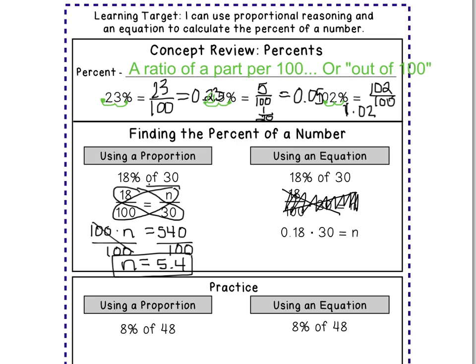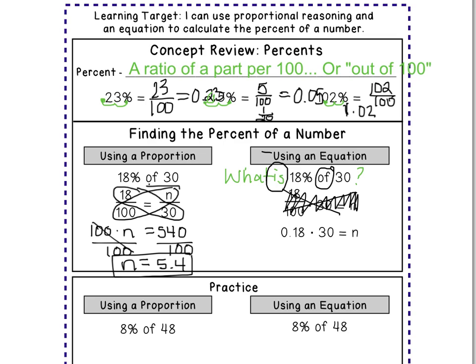Okay, we're going to read this sentence and add the question, what is? So what is 18% of 30? There are a couple of key words here, just like in our proportion, is and of. Those two words mean two very distinct things.